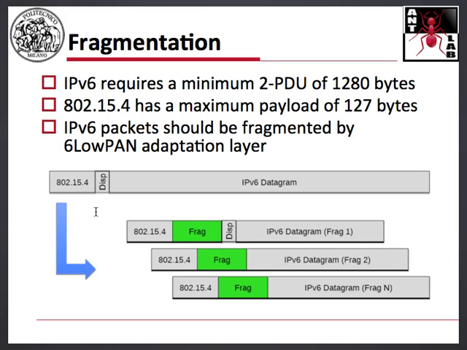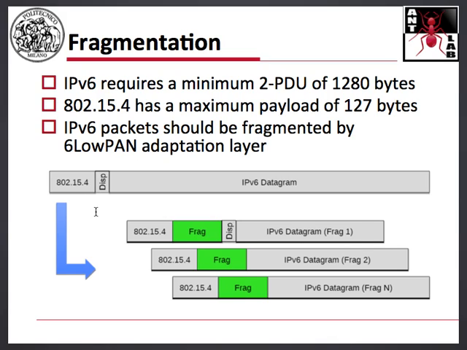Still, we have much smaller containers at layer 2, so we need to fragment our IPv6 packet to make it fit layer 2 frames. This fragmentation is one of the adaptation features implemented in 6LoWPAN.